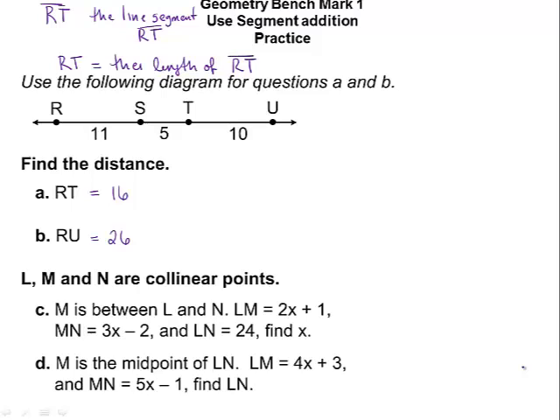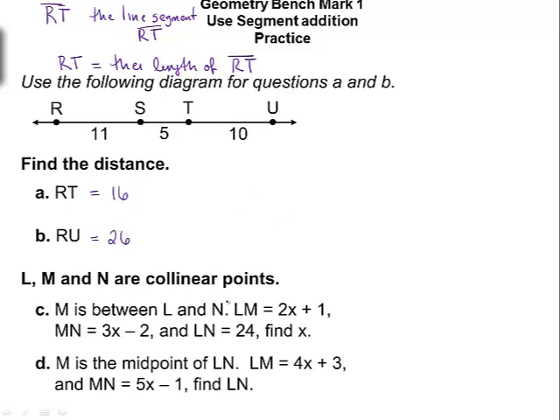So when there's no line, we're talking about the length of the segment. When there's a line, we're talking about the actual segment. So like the physical, it'd be like I'm talking about the pen, this actual pen versus the length of the pen. That helps. Okay. Thank you, that's a good question.